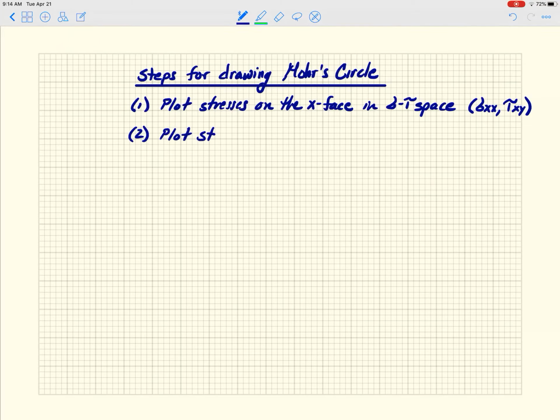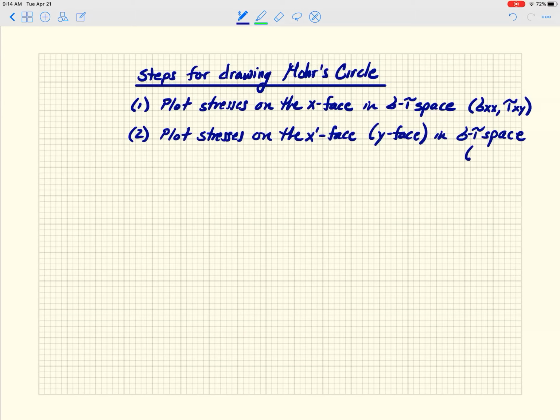Step two is that we plot the stresses on the x prime face, then in parentheses I'm going to say y face, in sigma tau space.